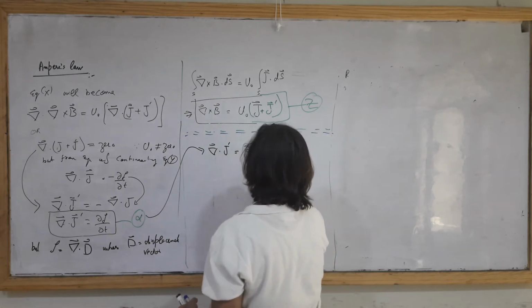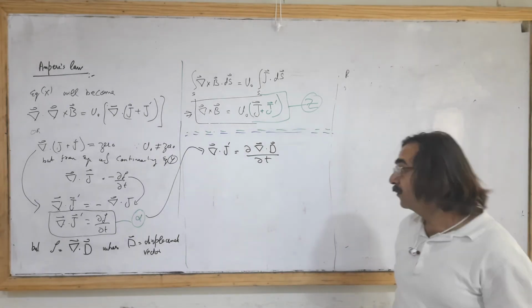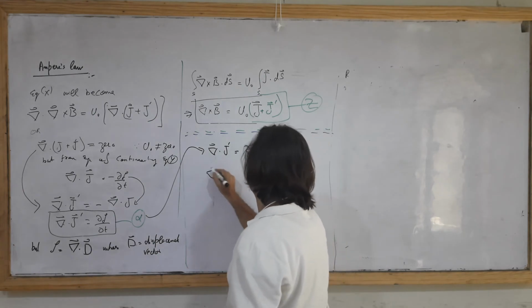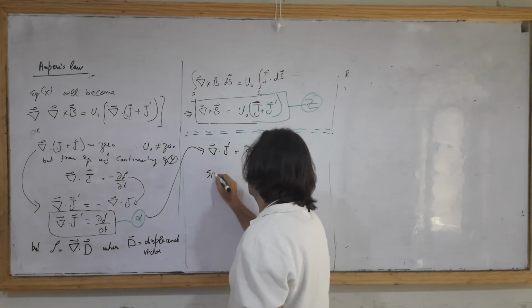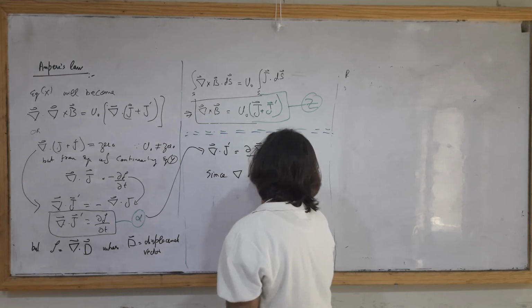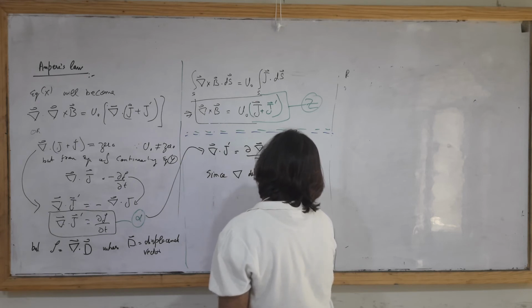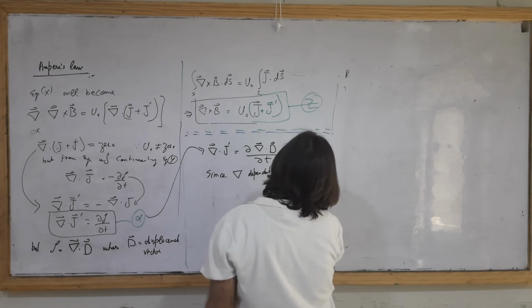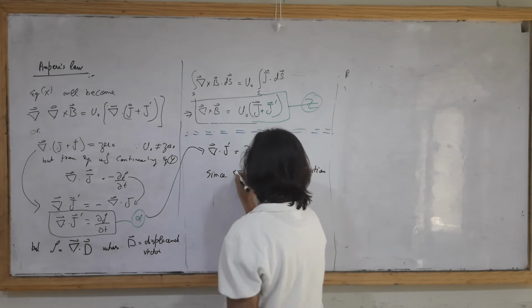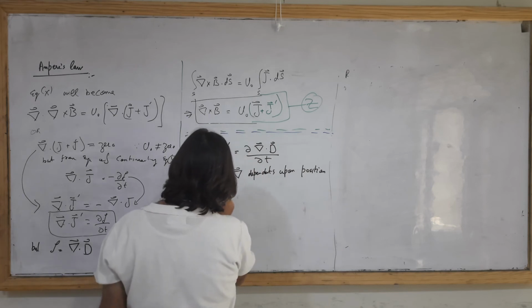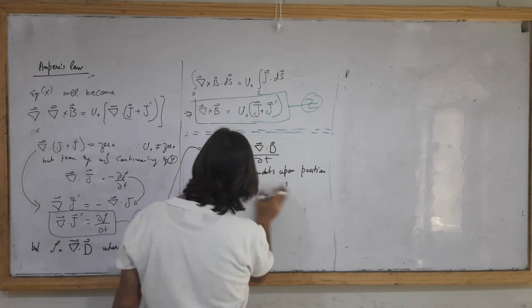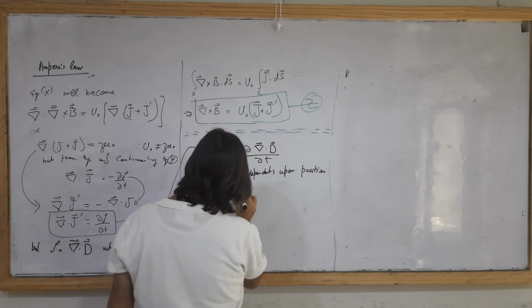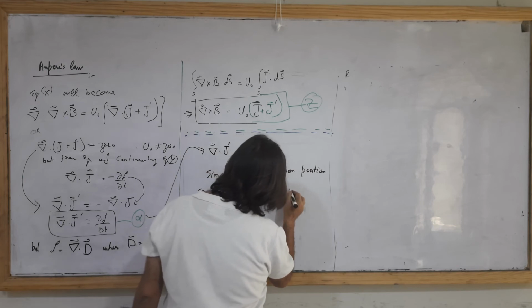So from alpha, del dot J prime will become partial del dot D over partial t. Del depends upon position, and position and time are independent, so del and partial t are independent.